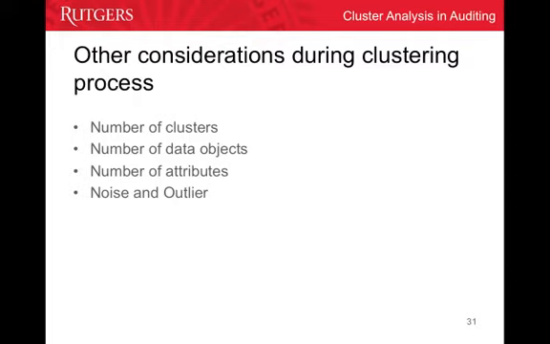So after we choose the similarity measure and the clustering method, there are some other considerations during the clustering process. The first one is choosing the number of clusters. This is one of the most important decisions in performing cluster analysis.